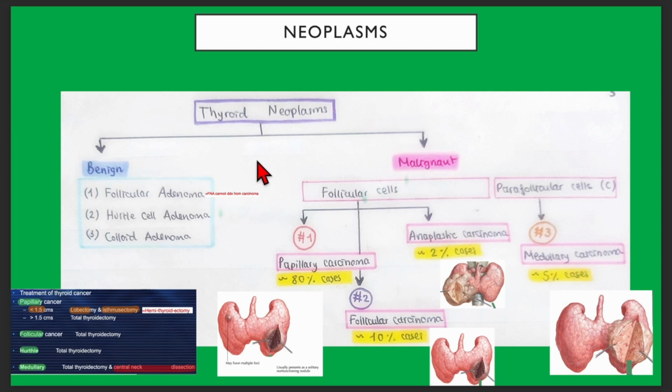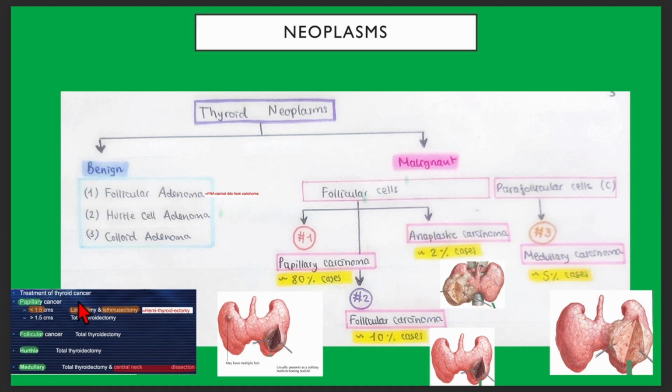Why is this important? It's because as internal medicine doctors, we just want to diagnose the cancer and then send it off to the oncologists and the surgeons. The surgeons care more about the tumor types because the tumor type is going to tell them which surgery to do and if they need central neck dissection or not, or hemithyroidectomy and stuff like that.